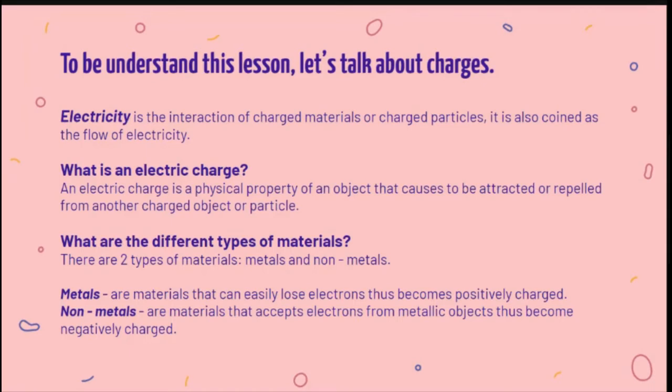Since there are more electrons present in the system, it becomes a negatively charged particle, becoming an ion. So that happens to non-metals, and to metals. These two types of materials are the materials that we're going to use in studying electricity and magnetism.